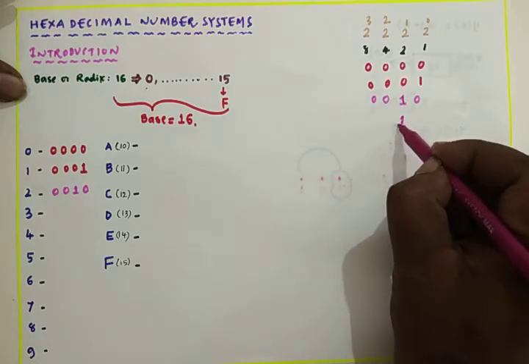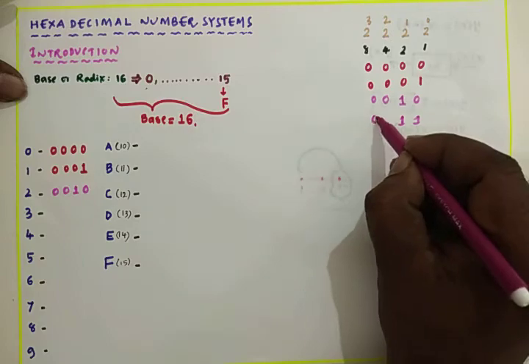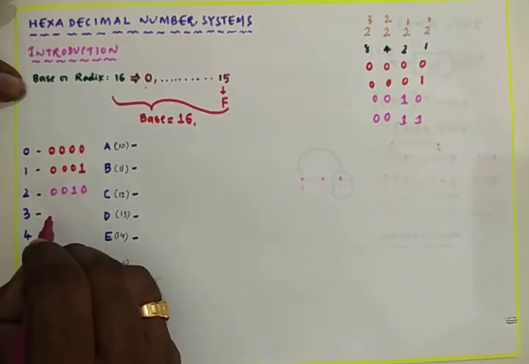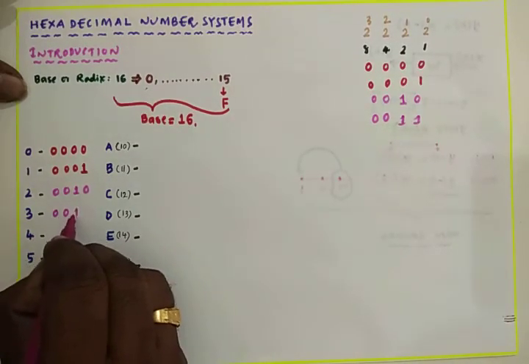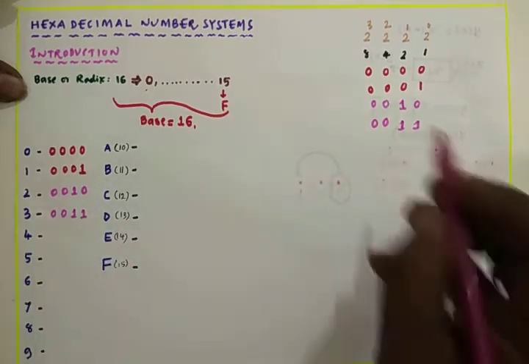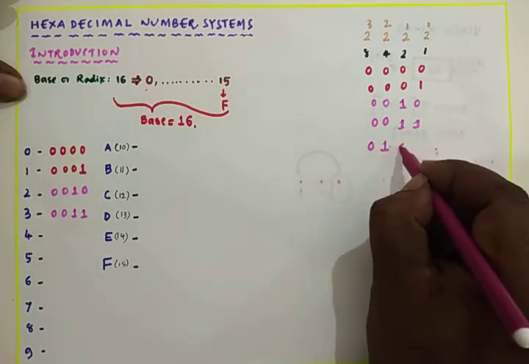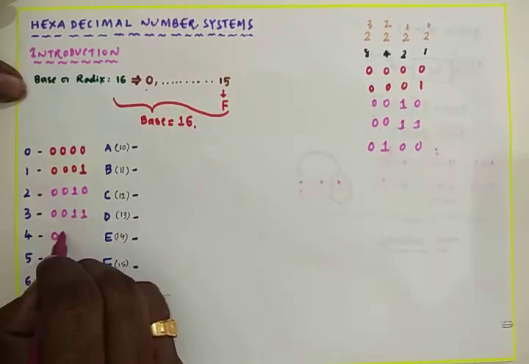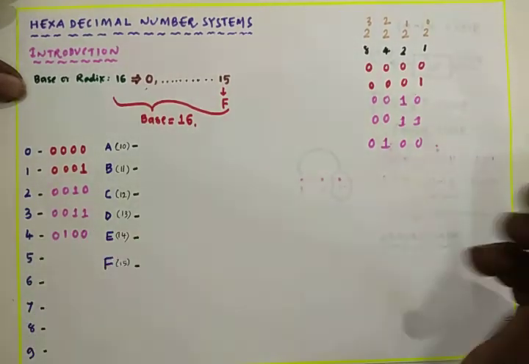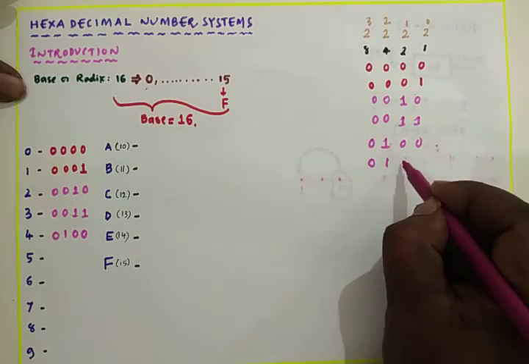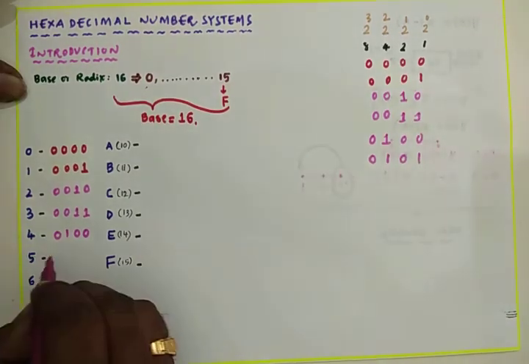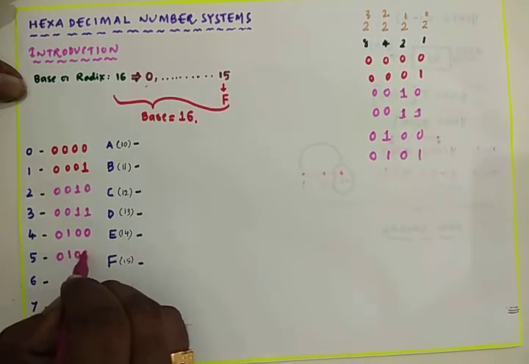So the 2 place is 1, the 1 place is 1, and the remaining are 0 0. So 3 can be written as 0 0 1 1. 4 can be written as 0 1 0 0, I don't require 8, I require the 4. 5 is 4 plus 1, so 0 1 0 1.